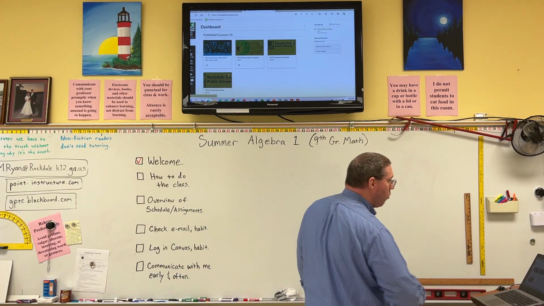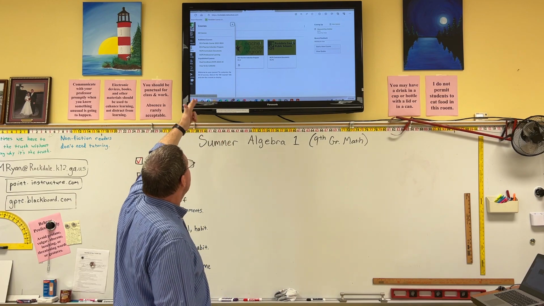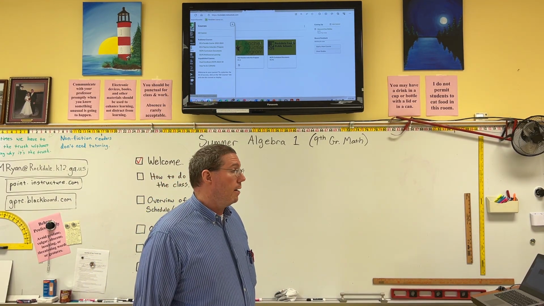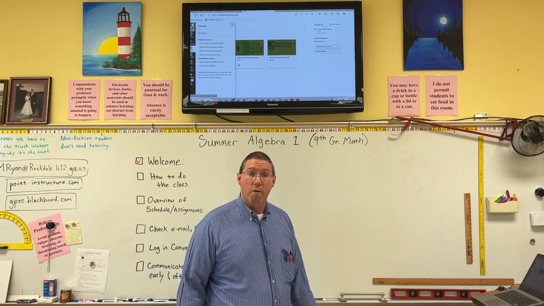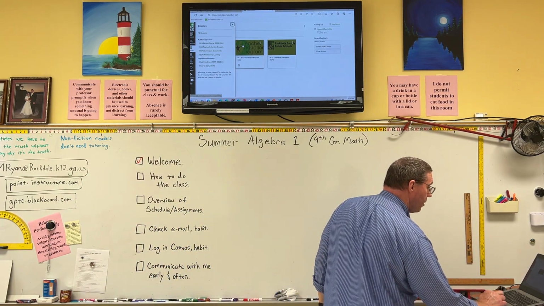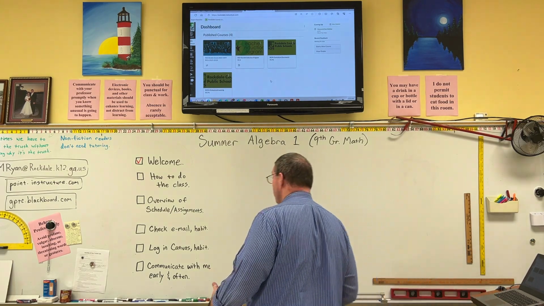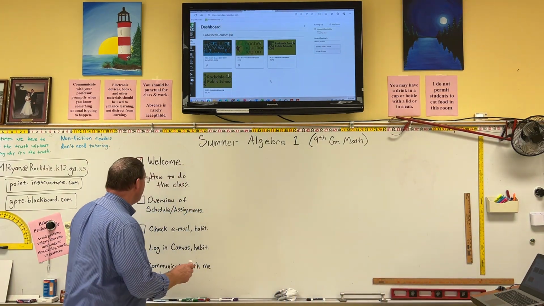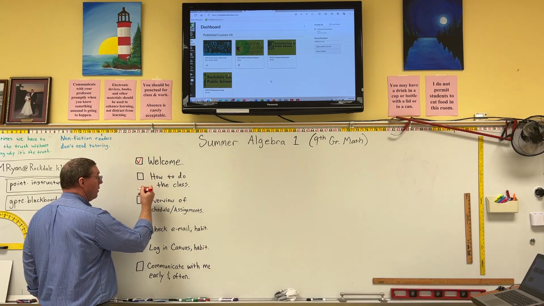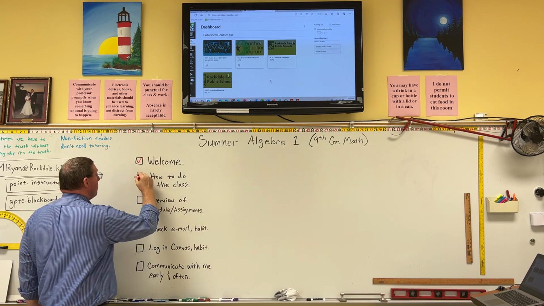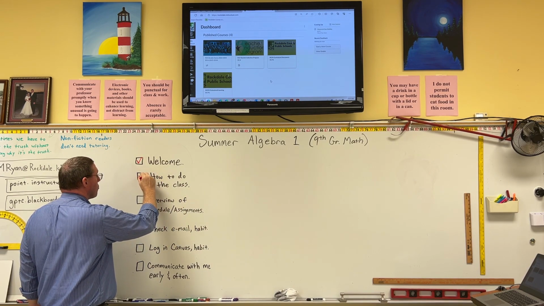When you click on Courses, it's going to open up a list, and somewhere in that list should be your 9th grade math class, the one that we're doing over the summer, okay? So that's basically how you do the class. Every day, you're going to log in, go to Edge, ClassLink, and open up Canvas, and then open up the course, okay?